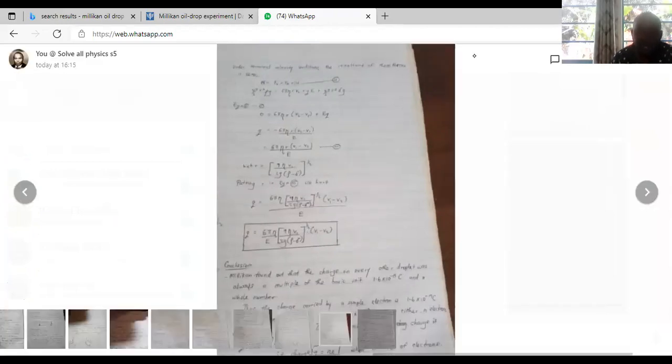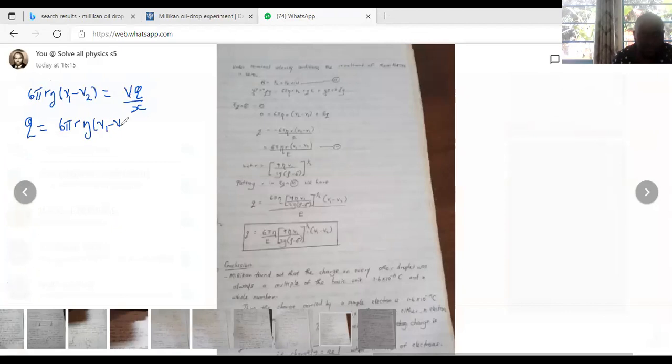Okay, so far I had derived as far as showing you that 6 pi r eta into V1 minus V2 is now equal to V times the charge out of the separation. Then you can make the charge the subject and say it is 6 pi r eta into V1 minus V2 times X divided by the PD across the plates.